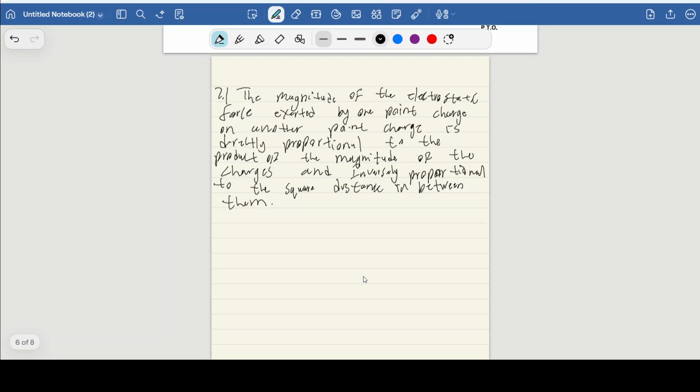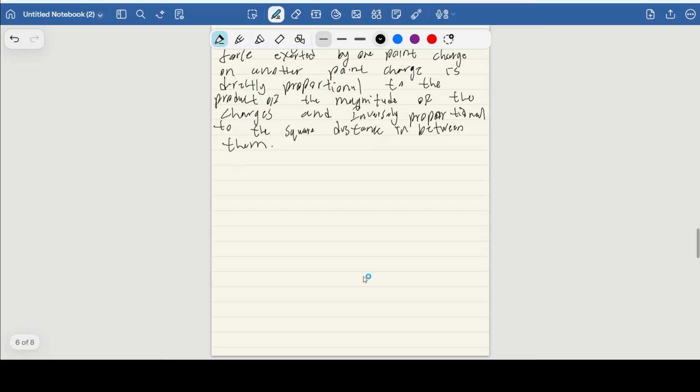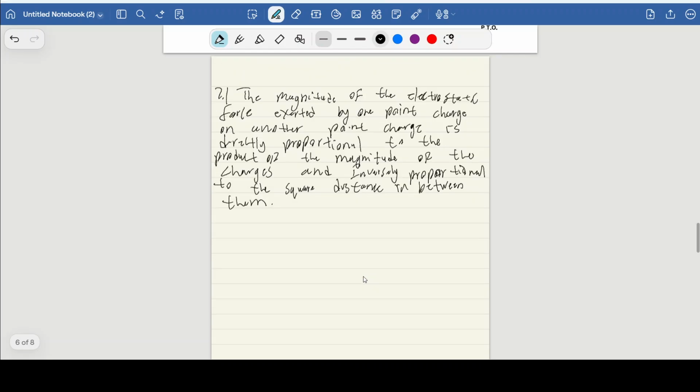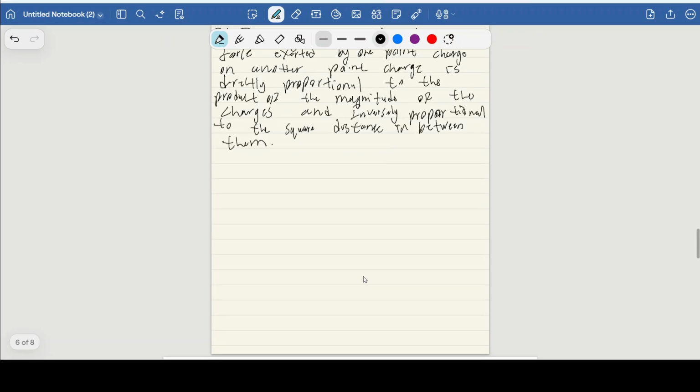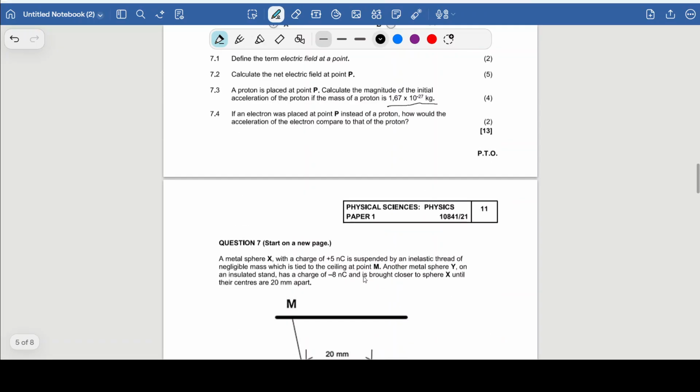So this is one of the longest definitions you can write in physical science. But don't shorten it at the expense of information.